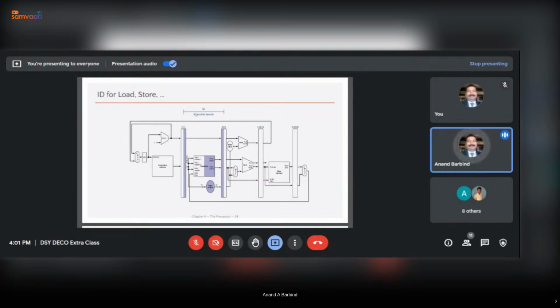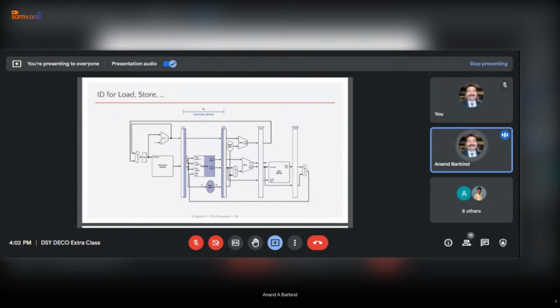Now what is happening with the LW instruction? The instruction is fetched and stored in this pipeline register, and it will be decoded. Now the registers will be read, and the decoded instruction and the registers read will be stored into this particular pipeline register at the end of this subcycle.